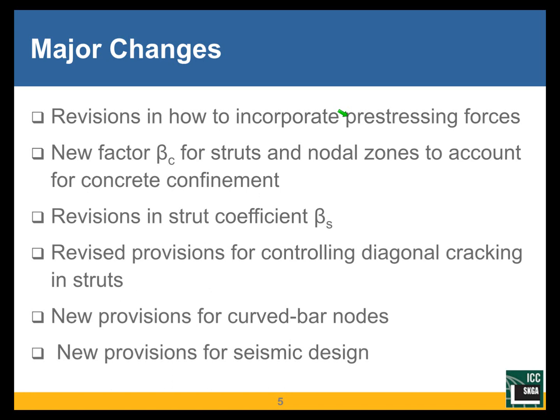Revisions in the strut coefficient beta sub s. We will look at some details on each of these changes. Revised provisions for controlling diagonal cracking in struts. Then new provisions for what are being called curved-bar nodes. And finally, brand new provisions for seismic design. This is in Chapter 23, Strut-and-Tie Models.